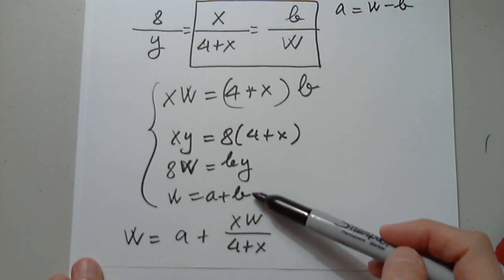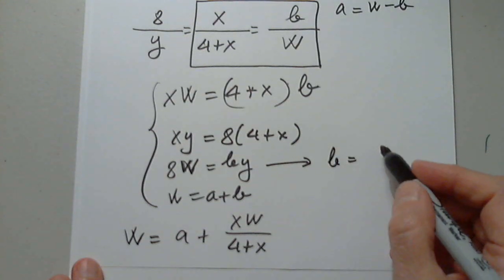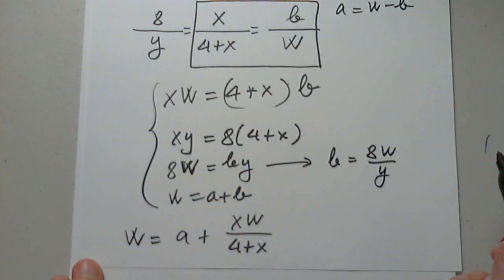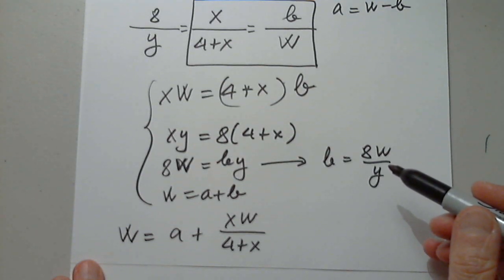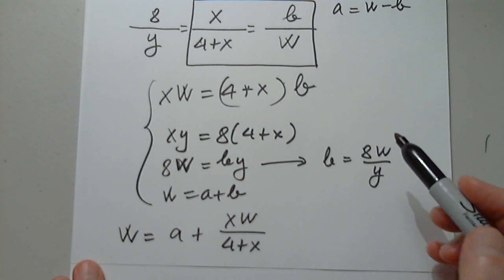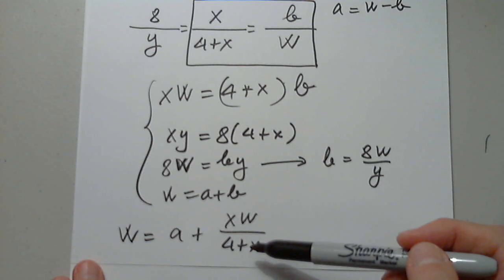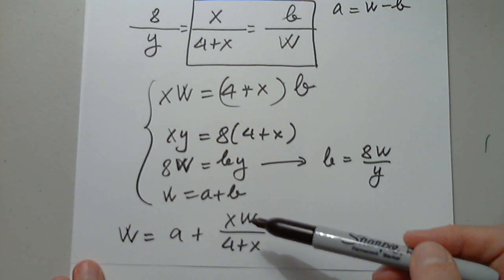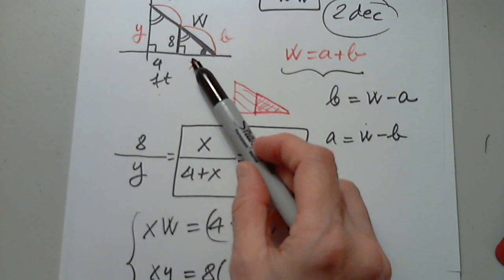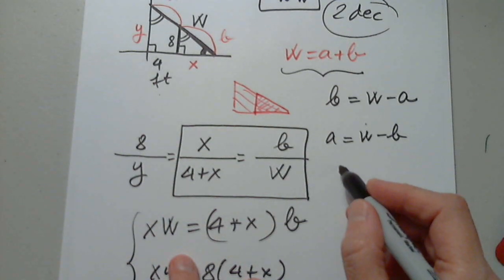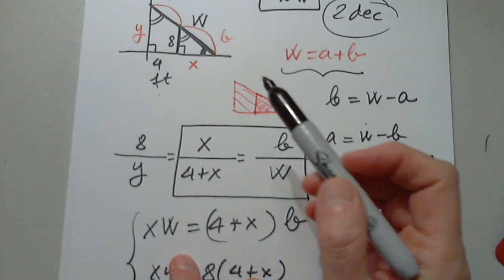Also from here, 8w over y. I see why you got stuck on this problem. Very legitimate. Stuck. Very legitimate. Now from the small triangle, I also can write x squared plus 64 equals b squared.